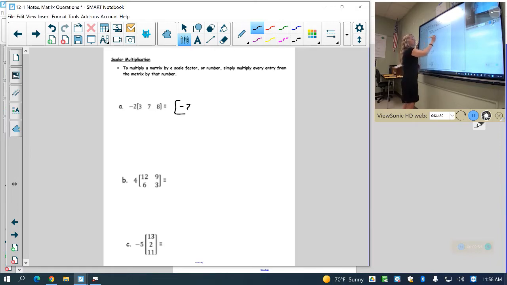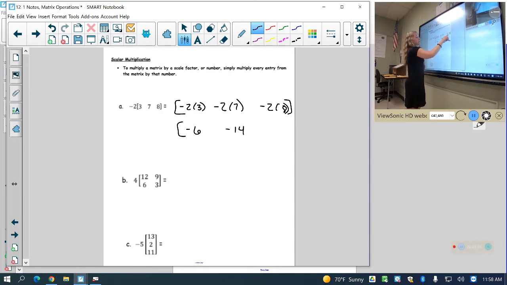Negative 2 times 3. And then I have negative 2 times 7. And then I have negative 2 times 8. Which gives me negative 6, negative 14, and negative 16. Same thing when you're multiplying by 4, and this is a 2 by 2 matrix. I'm just going to multiply each term or each number inside by 4.